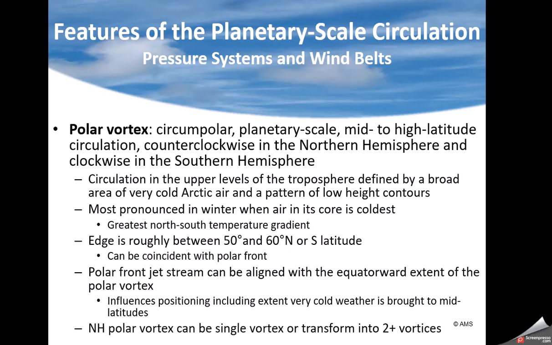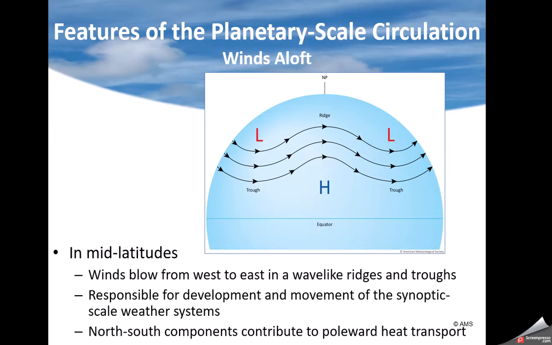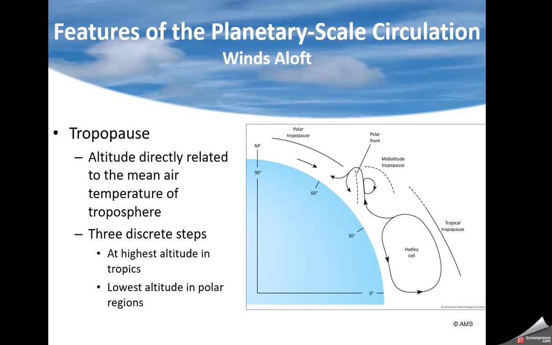And we have a circumpolar vortex that literally gets very intense in the wintertime, either the southern or northern hemisphere. And this kind of controls whether we get Arctic air or not. So you can see we have wavy mid-latitudes, troughs and high pressures.